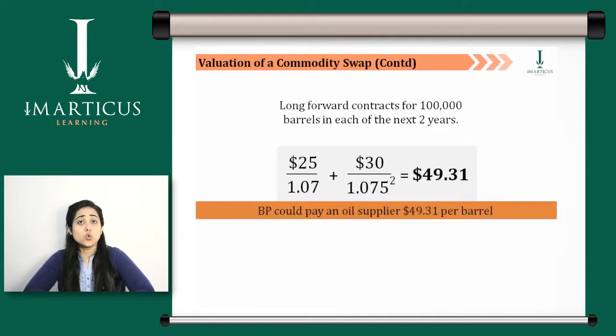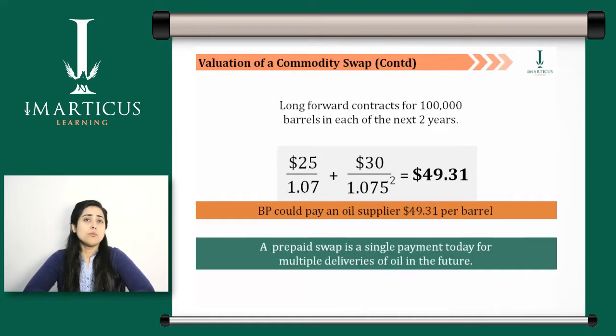Thus BP could pay an oil supplier $49.31 and the supplier would commit to delivering 1 barrel in each of the next 2 years. A prepaid swap is a single payment today for multiple deliveries of oil in the future.